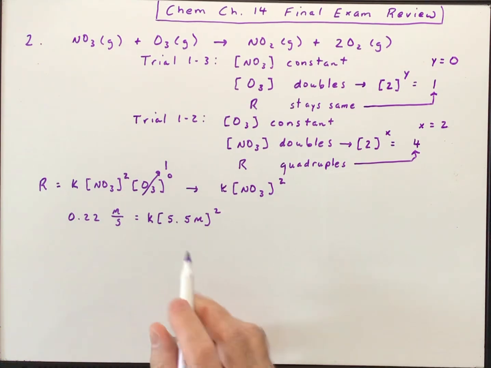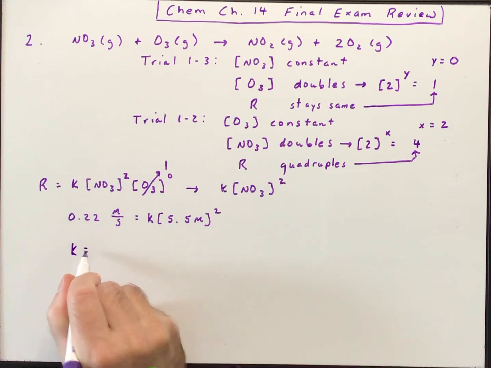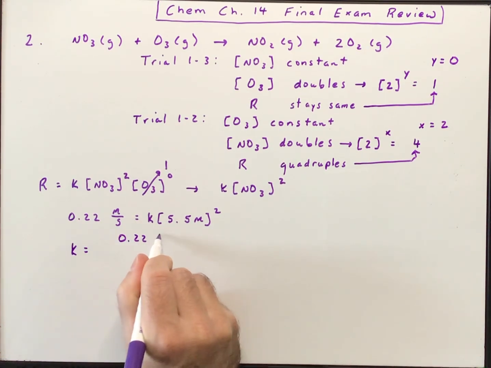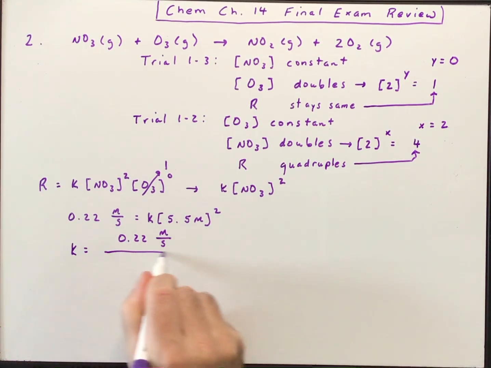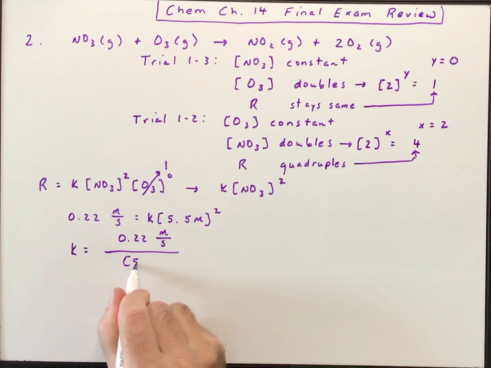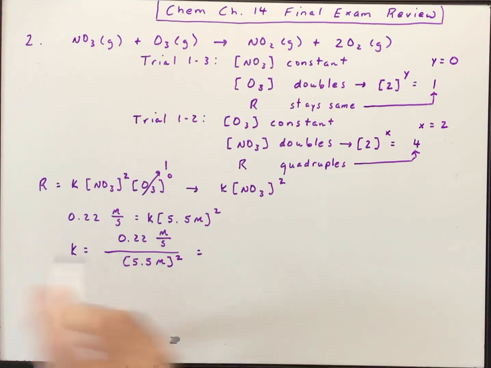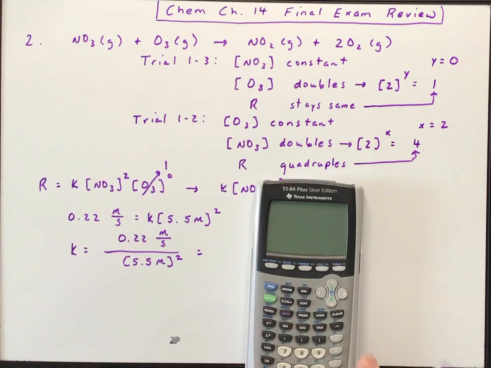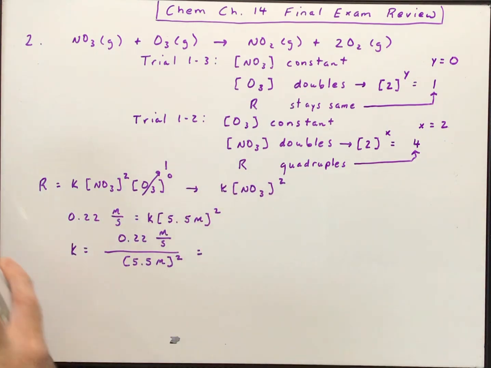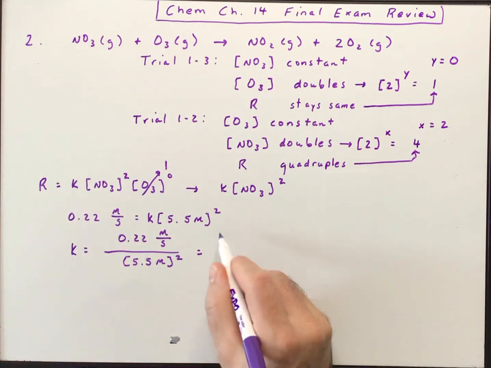So we're going to divide both sides by 5.5 squared. So K is equal to 0.22 molars per second over 5.5 molars squared. So 0.22 divided by 5.5 squared is, I'm going to say, 0.0073.